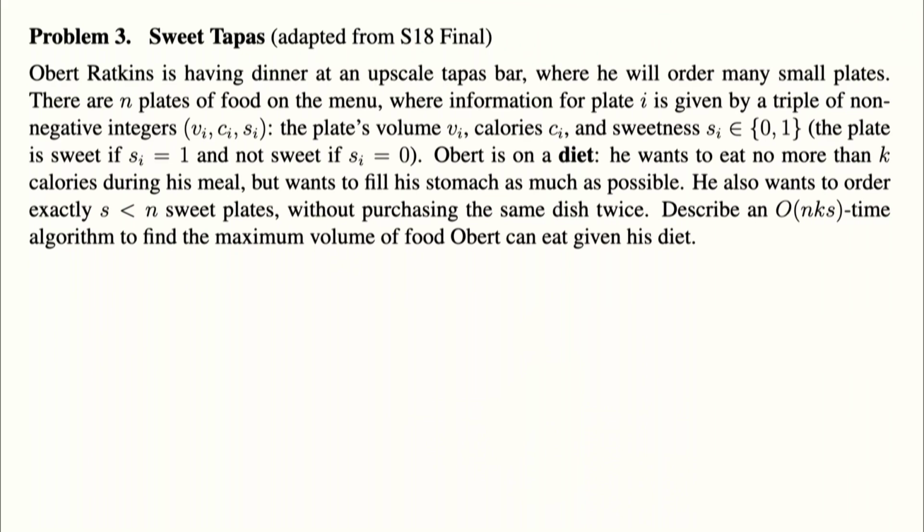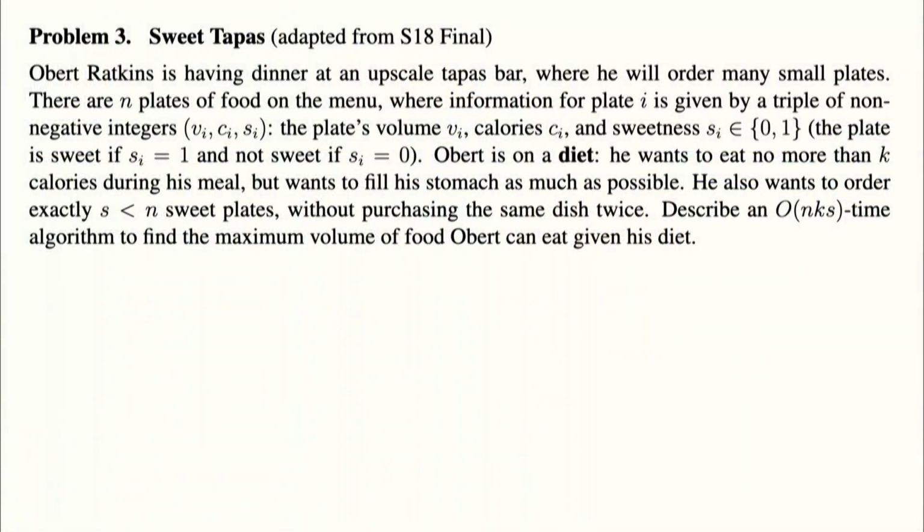But k is just some number in my input, right? It's representable in potentially one word, that's the assumption, but it could have exponential size depending on the size of the word of my machine. I don't know how big k is relative to n, and so this is a pseudo-polynomial running time, okay?